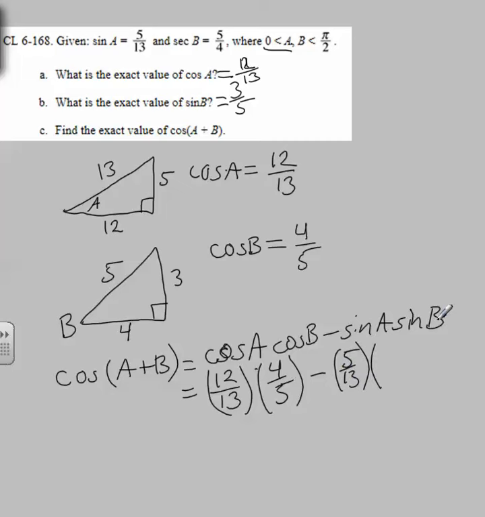And I know that sine of B is 3/5. So now it's 5th grade math, 6th grade math. We are multiplying our fractions and simplifying. Our denominator is 65. And this product minus this product leaves us with 33.